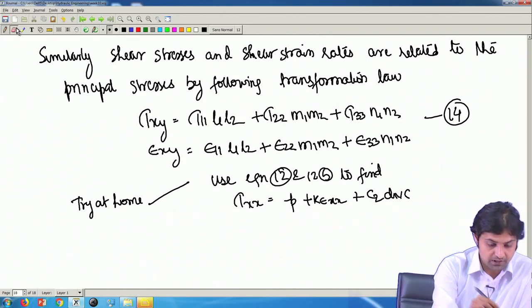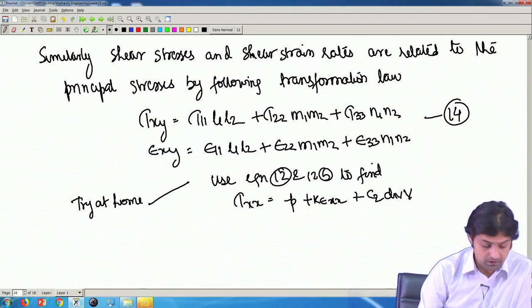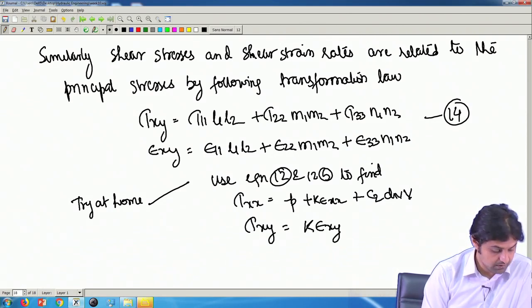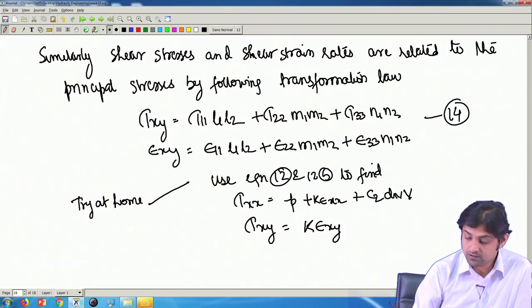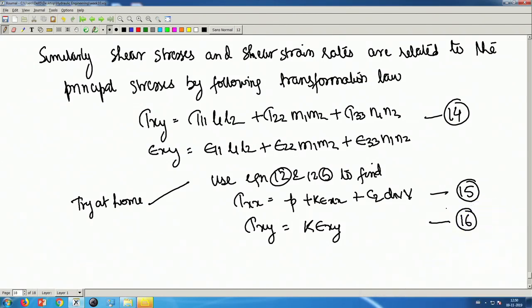Try to prove that. Okay. And secondly, tau xy is equal to k epsilon xy. All right. So this is equation number 15 and this is equation number 16.